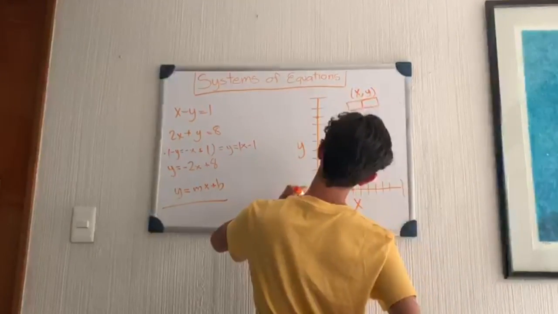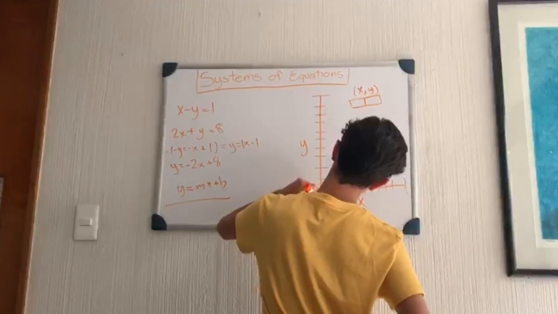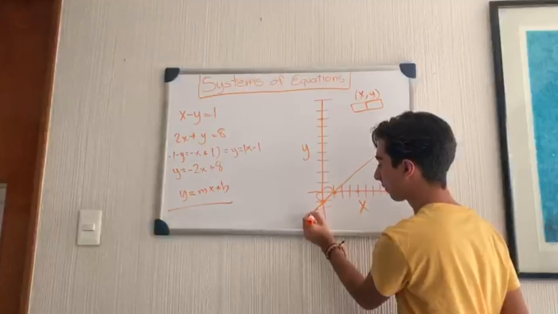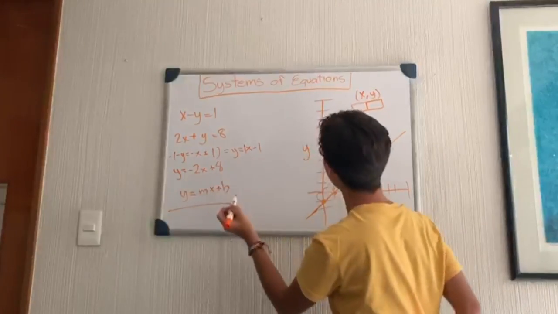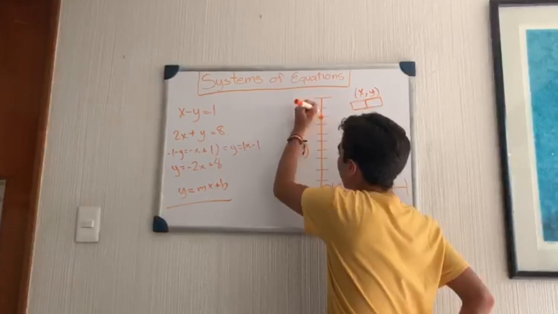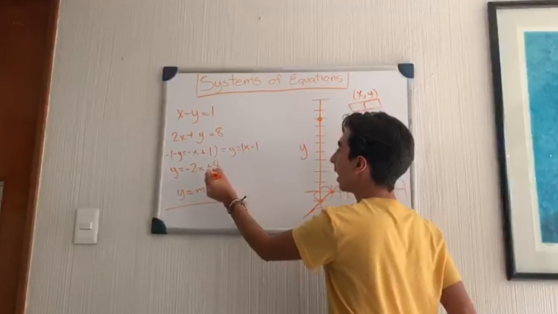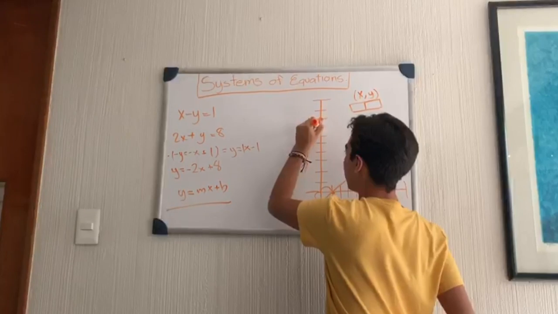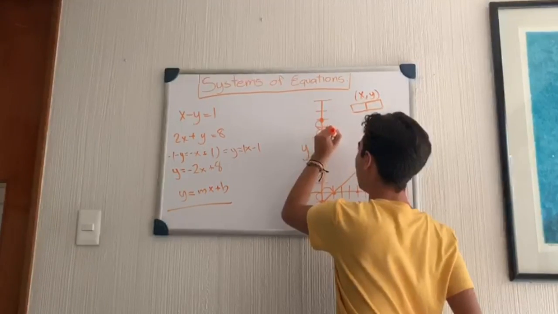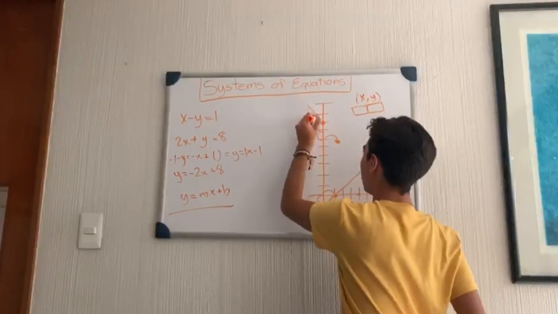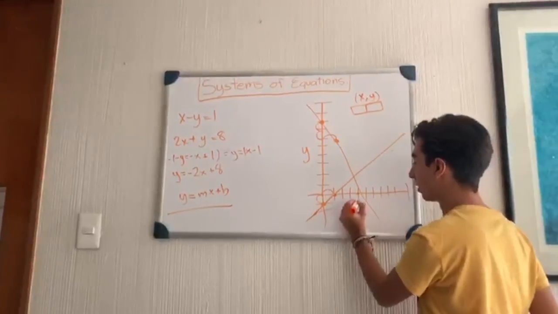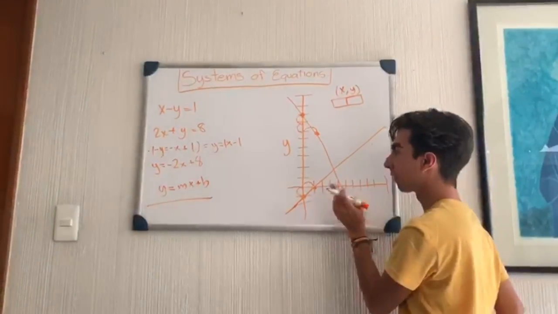So the line crosses here like that. And for this one, here is the y-intercept at 8, the slope is minus 2, and it moves 1, so here, and it passes through the point 4 here.